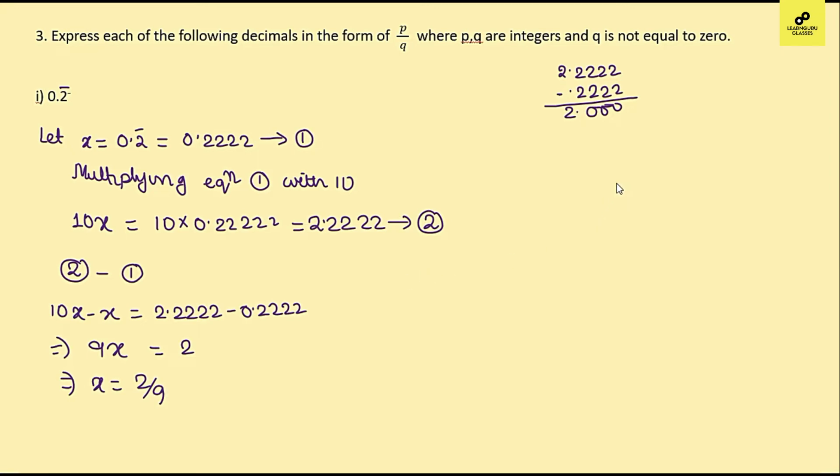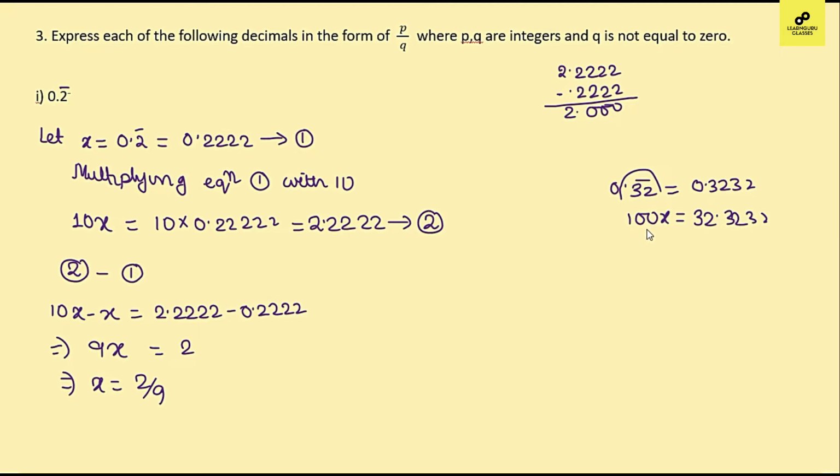Now if it were 0.32 bar, after the decimal 2 digits are within the bar. So in this case you would multiply by 100x, which gives 32.3232.